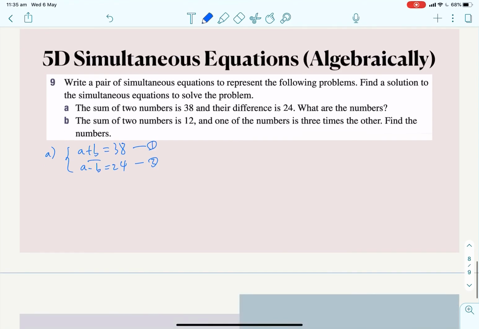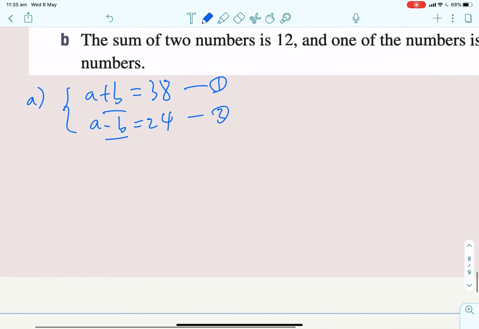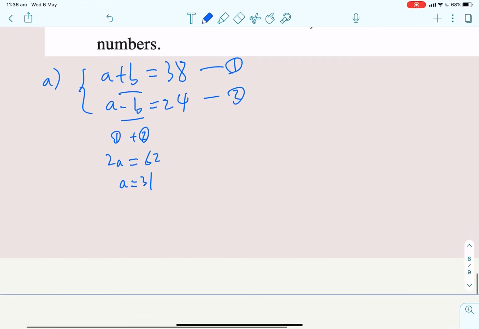For b, one is minus, one is plus, so that means we can add them together to cancel each other out. So a plus a is 2a, and 2a equals 62. We can halve both sides, then we get 31. We got one is 31, then we can find the other one easily.